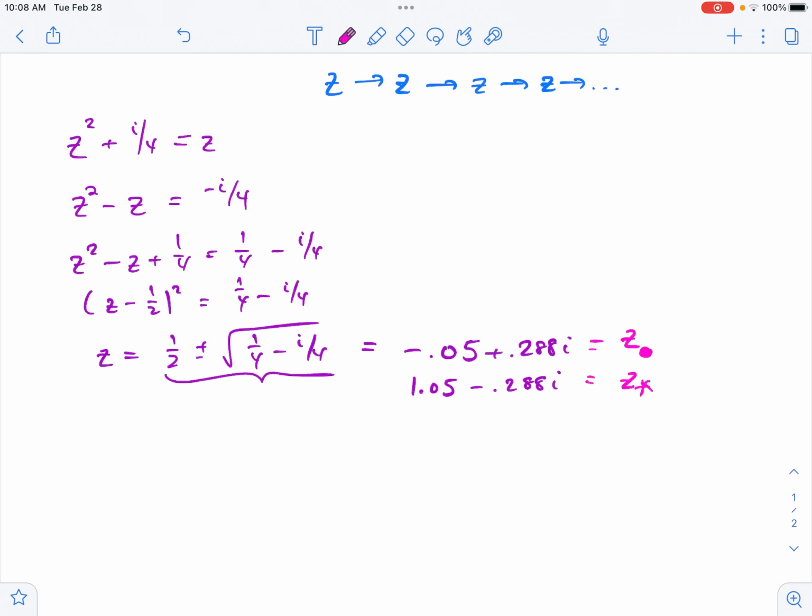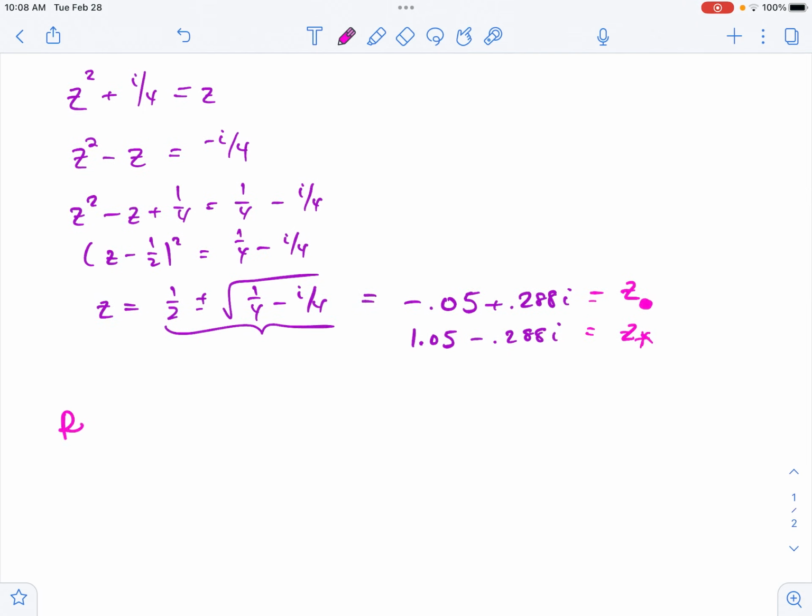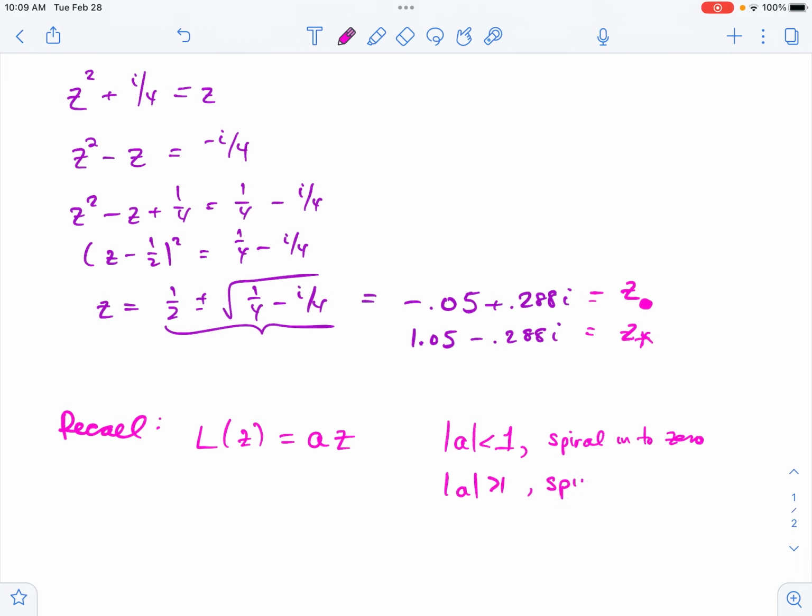That is to say, if you recall in our first notes, if we had a function L of z equal to a z, then when the absolute value of a was less than 1, we spiraled in to 0. And when the absolute value of a was greater than 1, we spiraled out from 0.